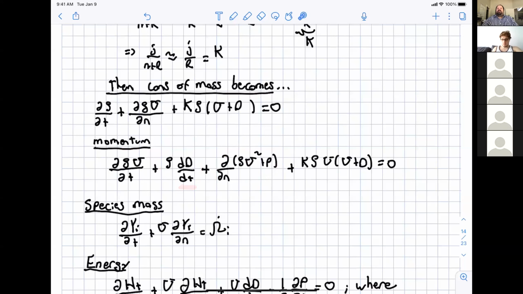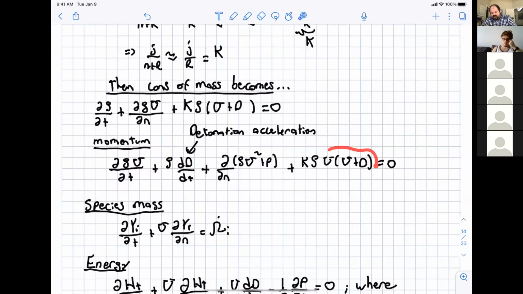This theory, the full theory, if we use it all, can actually account for this dD/dt, which is shock acceleration, or detonation acceleration. So it describes the acceleration of the detonation, and we can account for things like that.